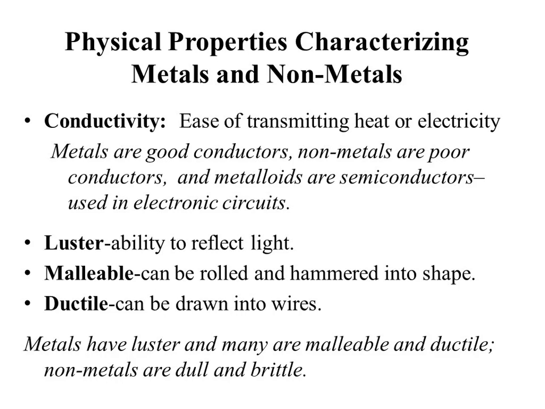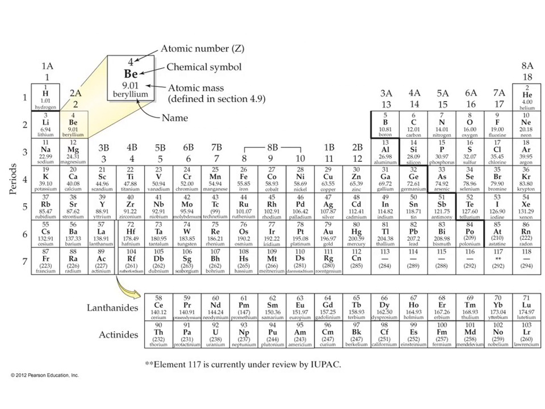In terms of being shiny or lustrous, yes. Malleable means you can beat them into shape. Ductile means you can pull them into a wire. So metals tend to be conductive, lustrous, malleable, and ductile. And nonmetals are brittle and dull in their elemental form.